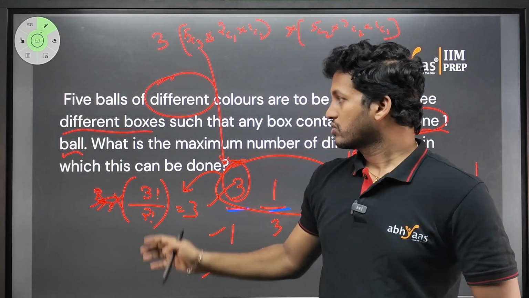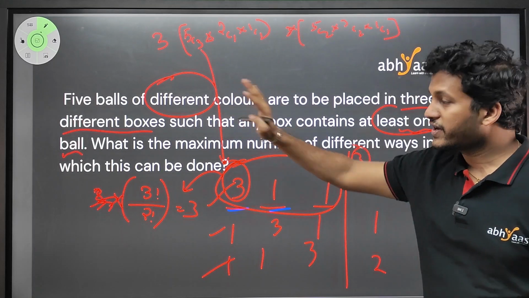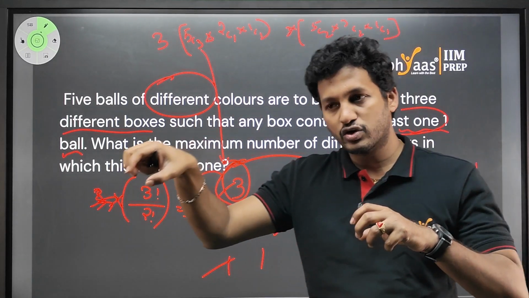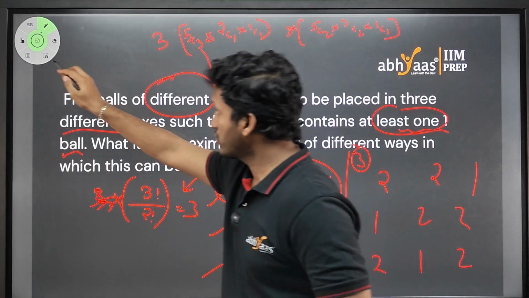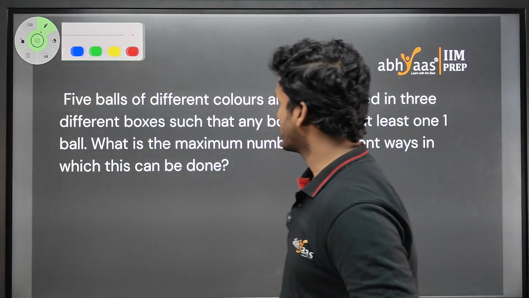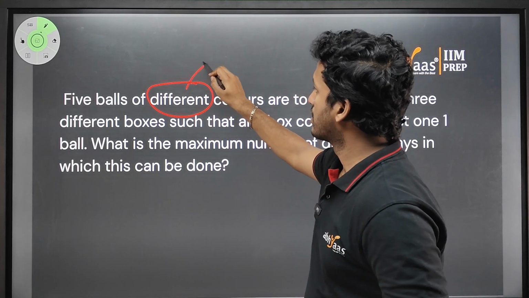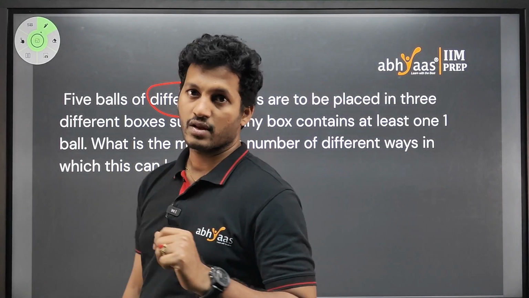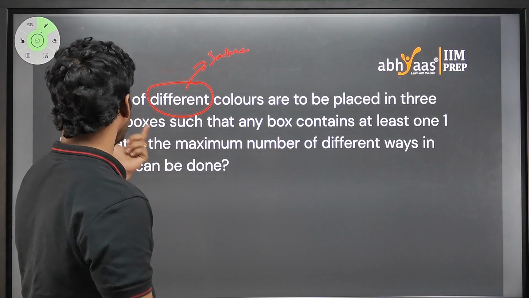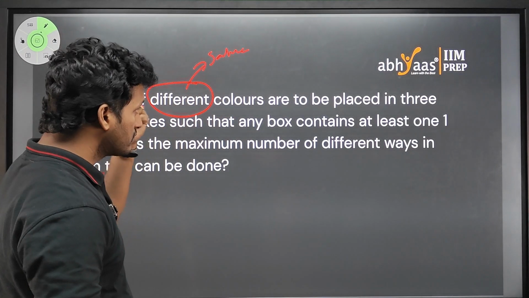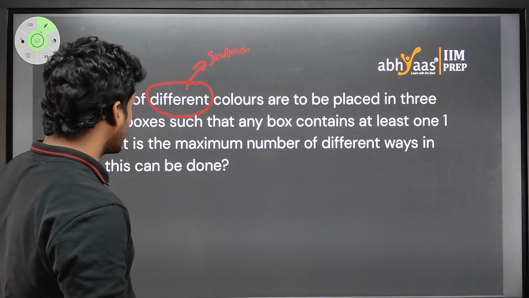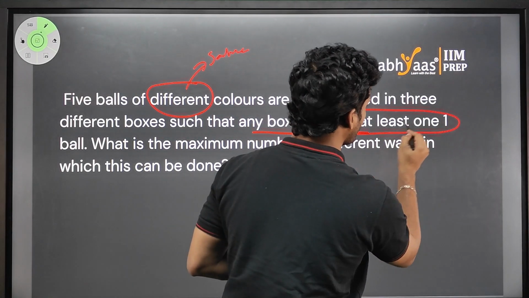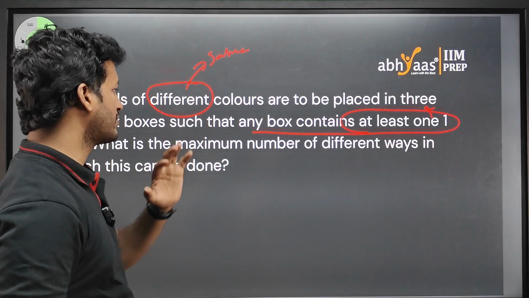Whenever you want to arrange different colors of balls, you can easily differentiate which color is going into which box. But what if I change the question to same colors? Now the thing changes. 5 balls of the same color have to be placed in 3 different boxes, with any number of ways possible.